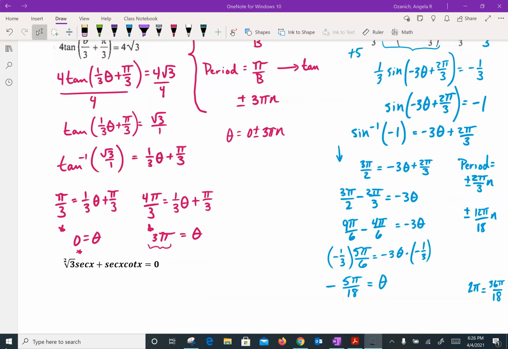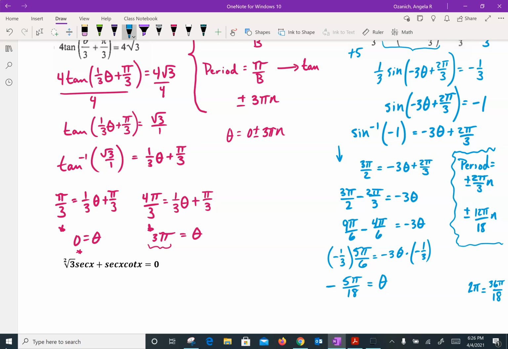Okay, I'm back. After working through the algebra and figuring out that the angle whose sine is -1 is 3 pi over 2, I worked through some things and I got this -5 pi over 18 as my value of theta. Now I wanted you guys to remember a couple things. We are going to actually have to add 2 pi over 3n, because my b value is 3.